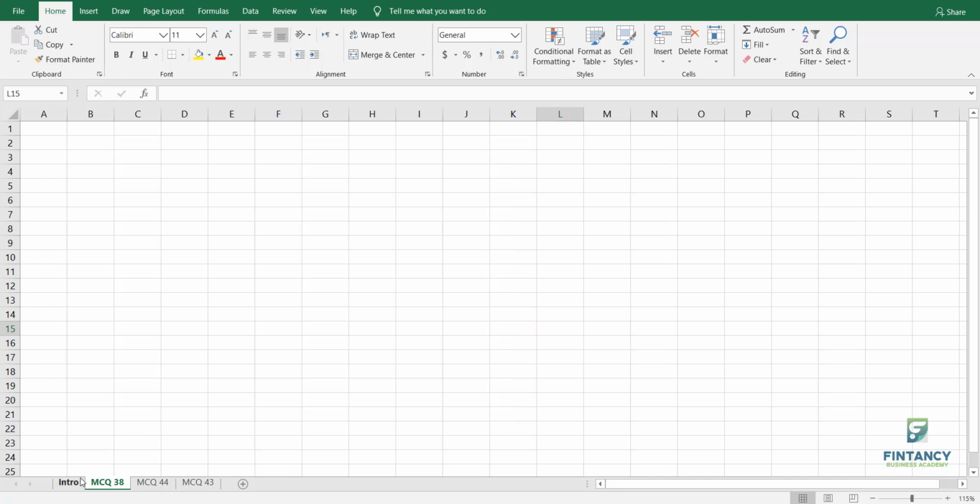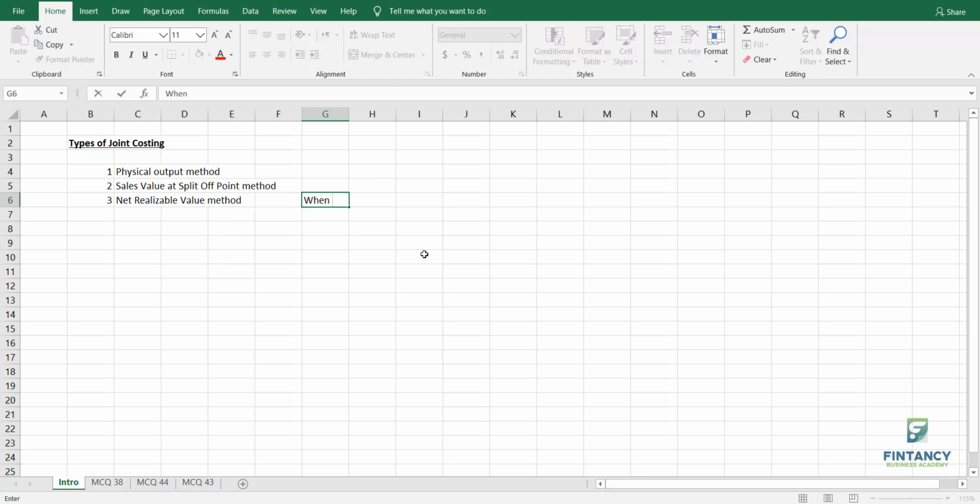Okay, see, the NRV method we will only use when there is further processing involved and the company is going for it. Sometimes the examiner will give you a scenario and ask, shall we process further or not?